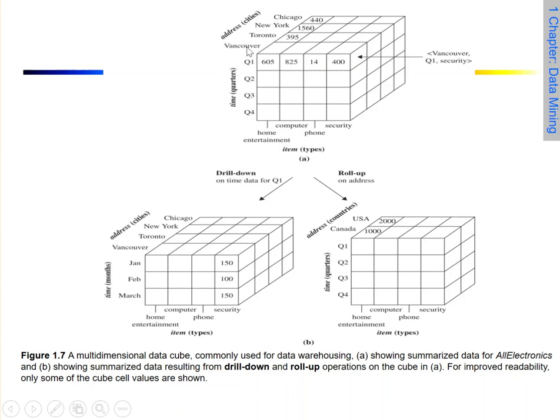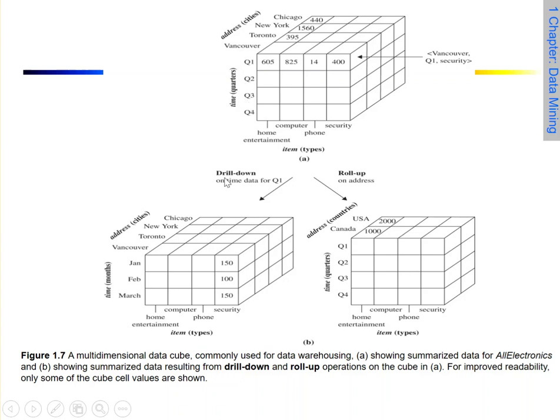So for the address dimension, you can consider this as the location of the different branches of this company, and during different quarters, how many different merchandise products have been sold. So for 100, maybe those items, maybe their dollar amounts, it doesn't really matter. But we know that there are multiple dimensions. Because data can be organized along multiple dimensions, and every dimension can have different granularities.